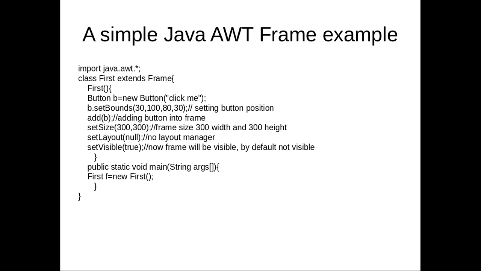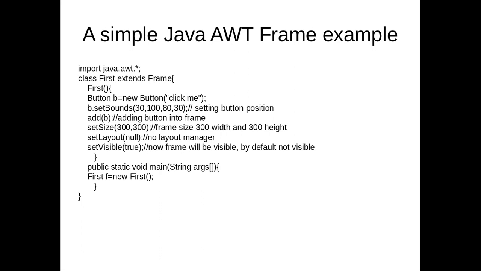b.setBounds, that means the x and y position of the starting, and there are 4 parameters. setBounds, initially 30 and 100, these are the x and y coordinates of the start of that button.